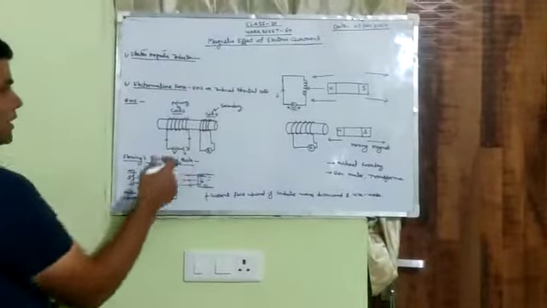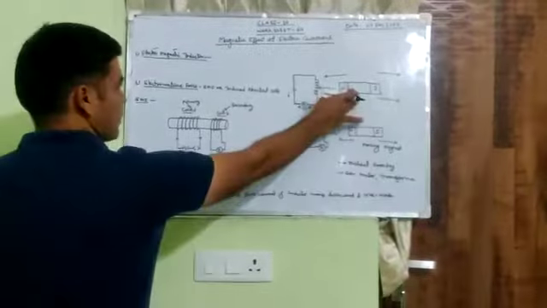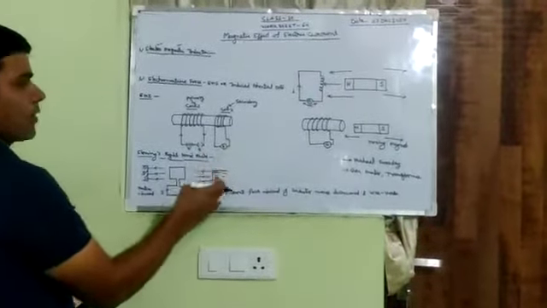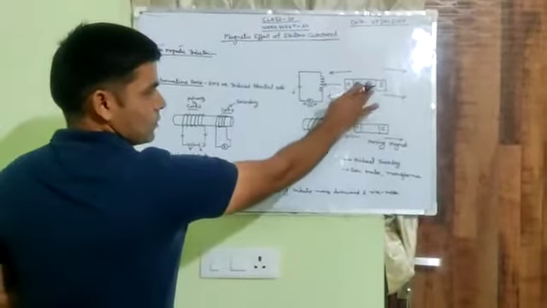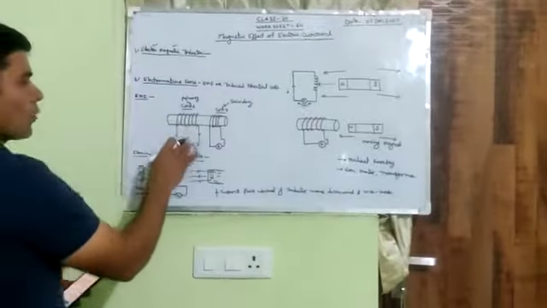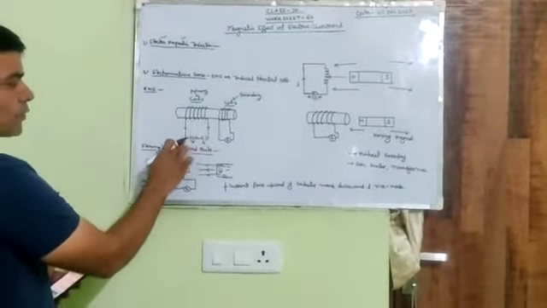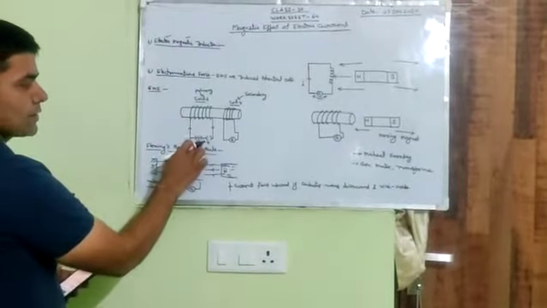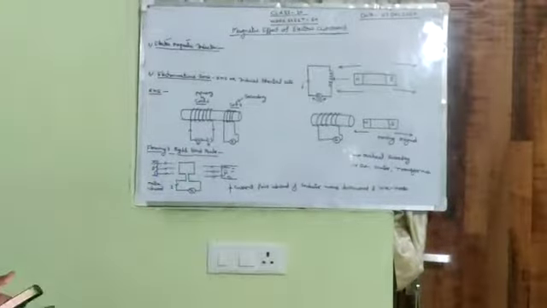These both are the same. Instead of the varying magnetic field being produced by the magnet, here in coil 1 the varying magnetic field is produced by this voltage source.